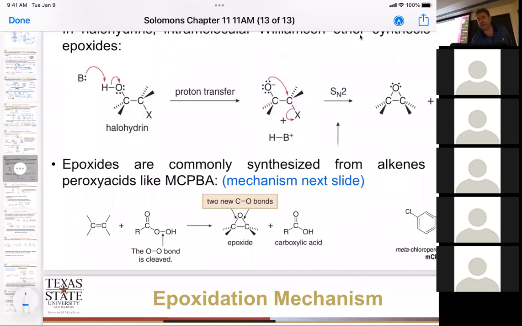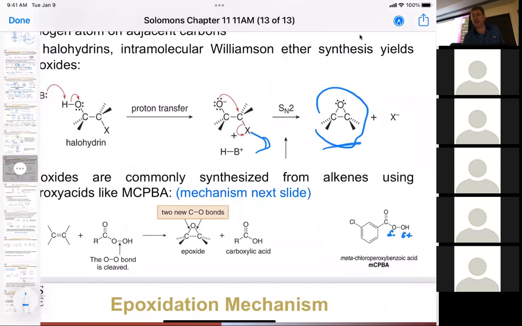And when it does that, it makes that 3-membered ring here. It's an SN2 reaction, and so we kick out our halogen and we have our material. So gosh, it's a 3-membered ring. But guess what? This reaction goes really, really fast, because it doesn't have to move anywhere to do the attack. It can just bend around and attack on itself.